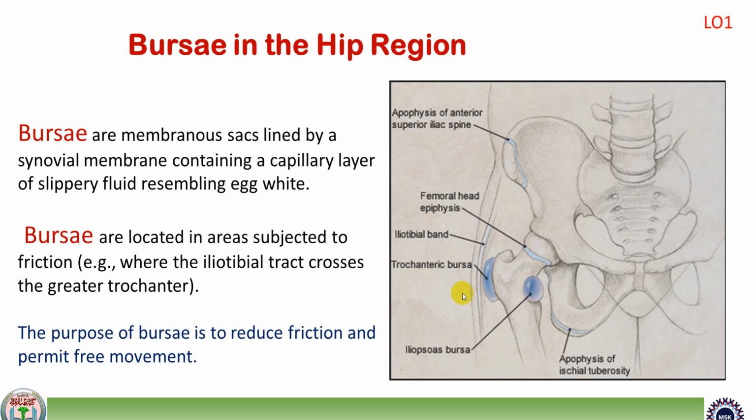An example is where the iliotibial tract crosses the greater trochanter; to avoid friction between the iliotibial tract and the greater trochanter there is a bursa intervening between them. This bursa is called the trochanteric bursa, which is the most important bursa around the hip joint.